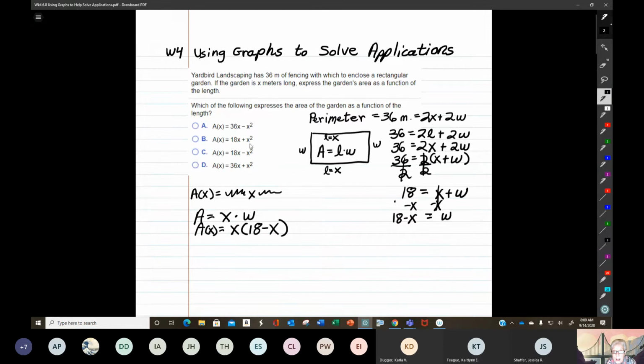Notice that their answers don't have any parentheses. So I'll distribute the x, and I will have 18x minus x squared. Now, I don't have enough information to go ahead and solve this. All they want us to do is choose one of these answers. And so my choice would be C.